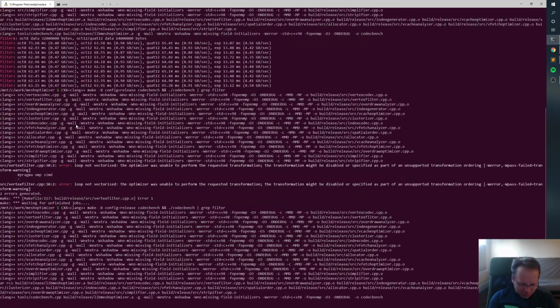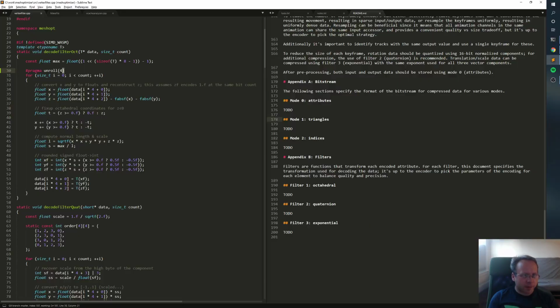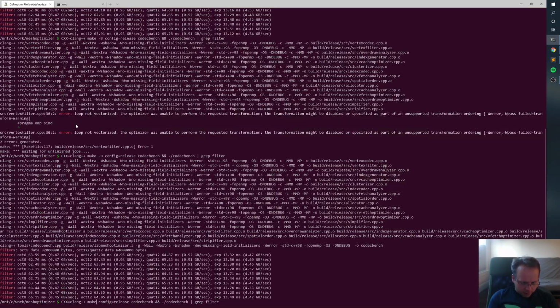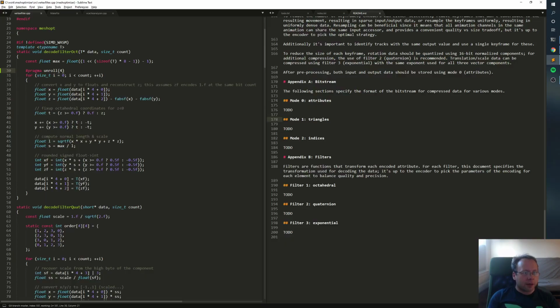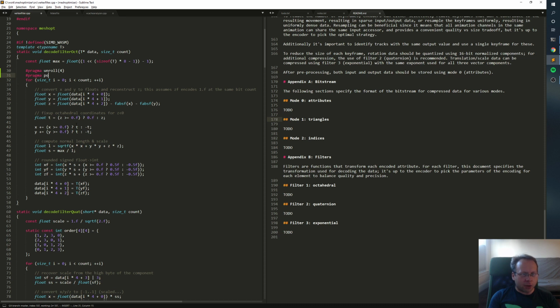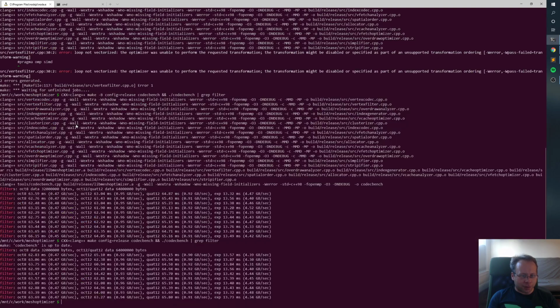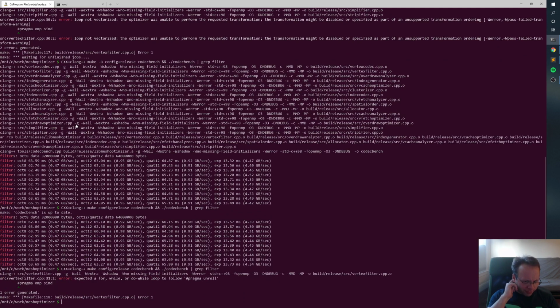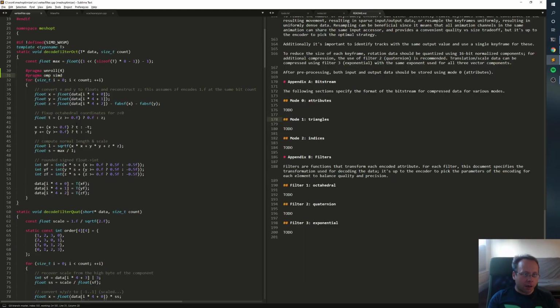Oh, one thing I haven't tried actually is, does Clang do unrolling now? How does this work? Does it work like this? Let me remove this. I'm not completely confident. Clang now has a loop unroll attribute, though. Interesting.